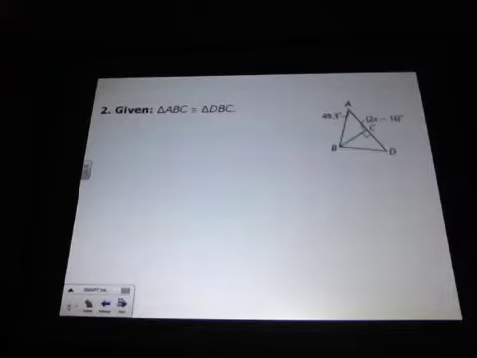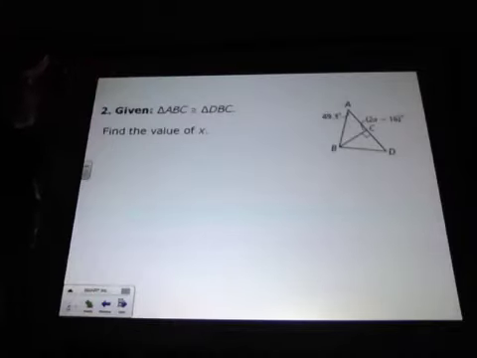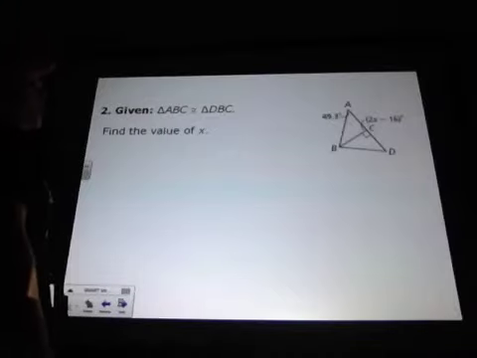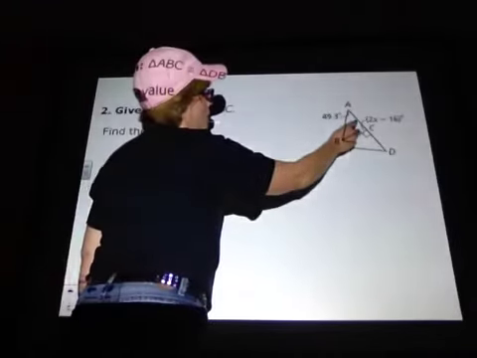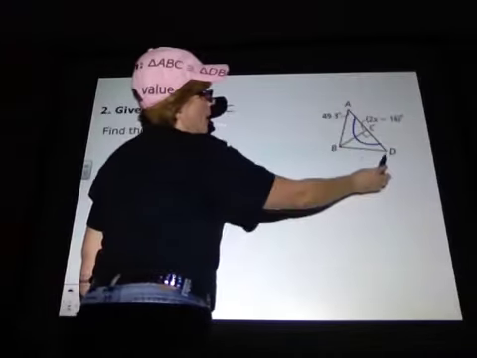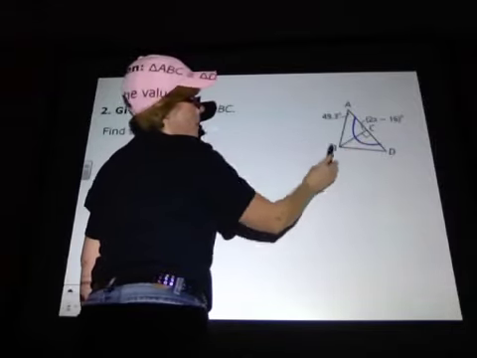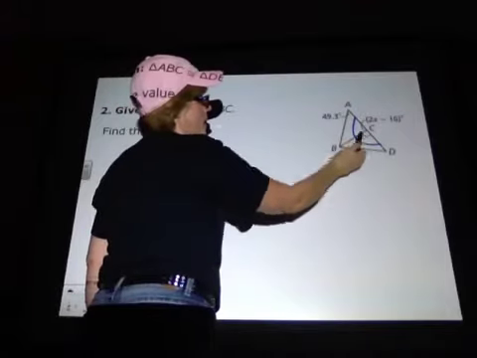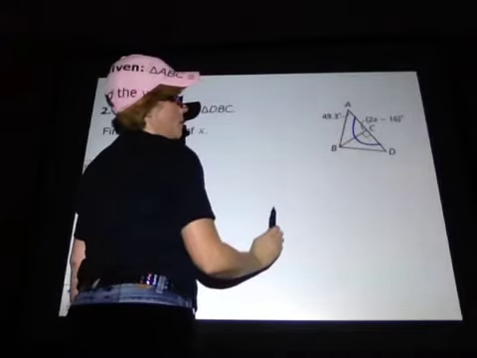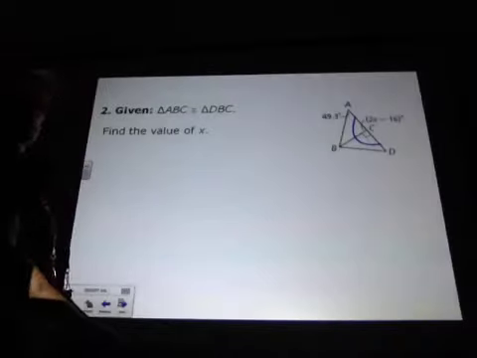Okay, we're given two triangles here. This is your congruency statement. It's telling you those triangles are congruent. And we need to find the value of x. Well, we've got a linear pair here. Angle DCB and angle ACB form a linear pair. Well, for a linear pair, the sum is 180 degrees.